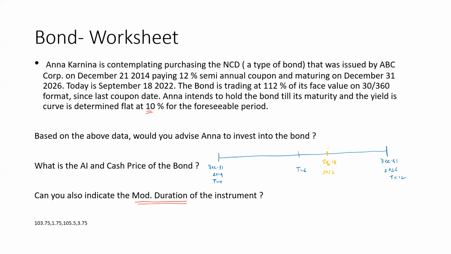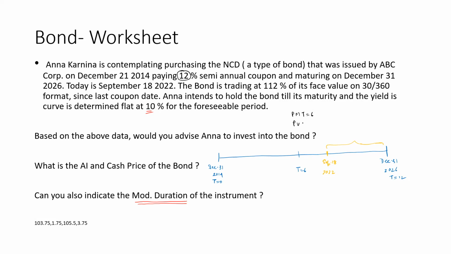The investor purchases the bond here, or is contemplating purchasing the bond here, with the details that are now being shared with us. The details are that it is paying a 12% semi-annual coupon. That's the first thing that is being talked about. So at each of the 6 months, how much of a coupon will be paid? 6, right?